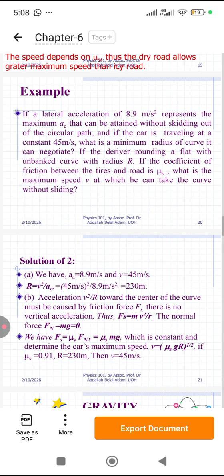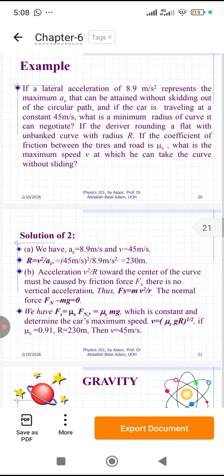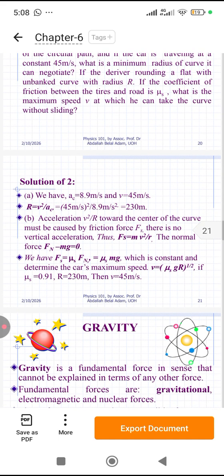If the car drives around a flat unbanked curve with radius r, and the coefficient of friction between the car and the road is mu, what is the maximum speed v at which the car can take the curve?